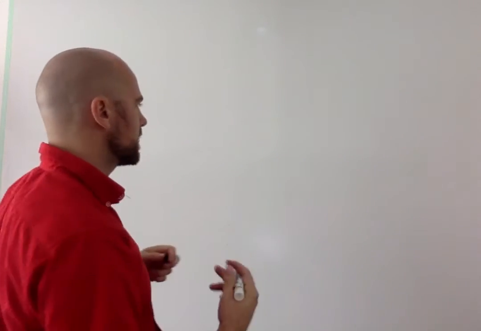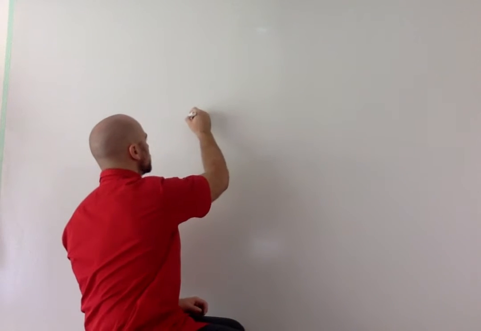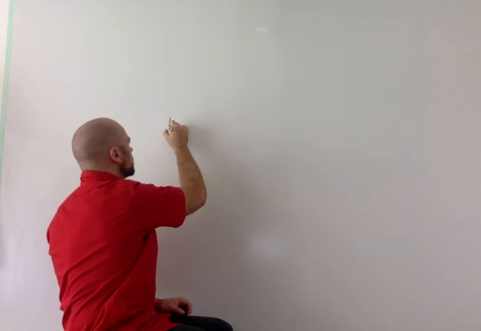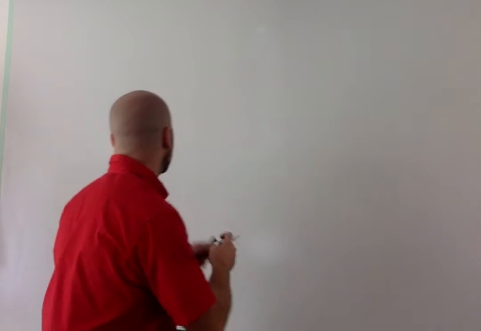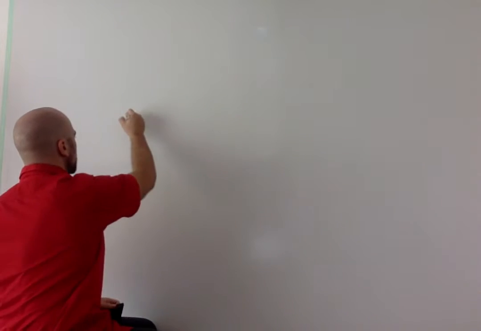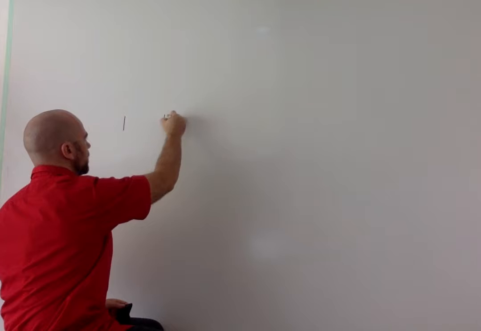Well, we can try our best to estimate what something might be. If we remember our perfect squares, let's just go over them quickly. 1 times 1 is 1. If I'm trying to make a number line, I'll give myself a little more space. If I have 1 as my square, my next square is going to be 4.